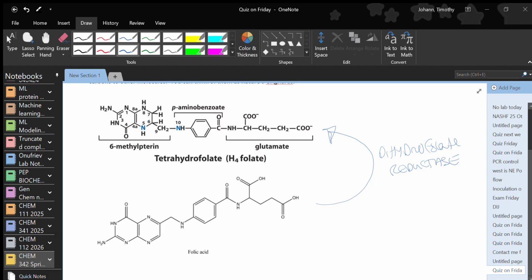They've been reduced, hydrogens have been added. That takes our folic acid, which we obtain from diet for humans, and then it gets reduced to this, and these are going to be the one carbon carriers. This is an unloaded form.